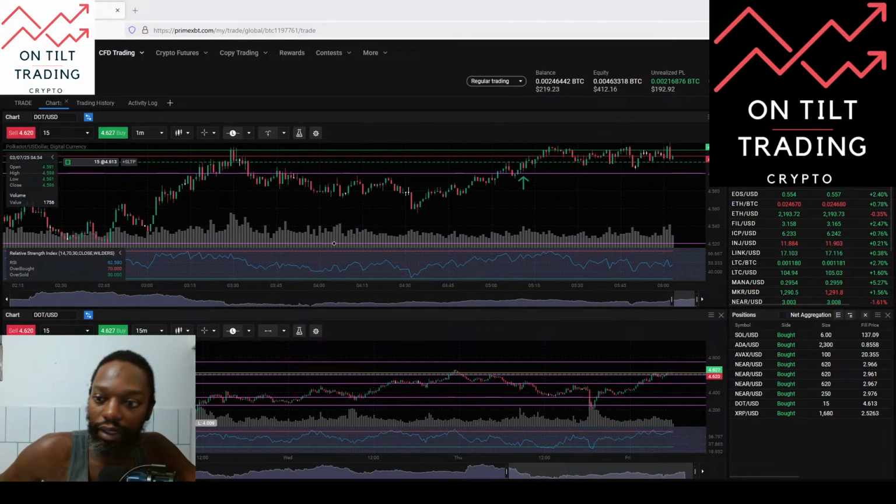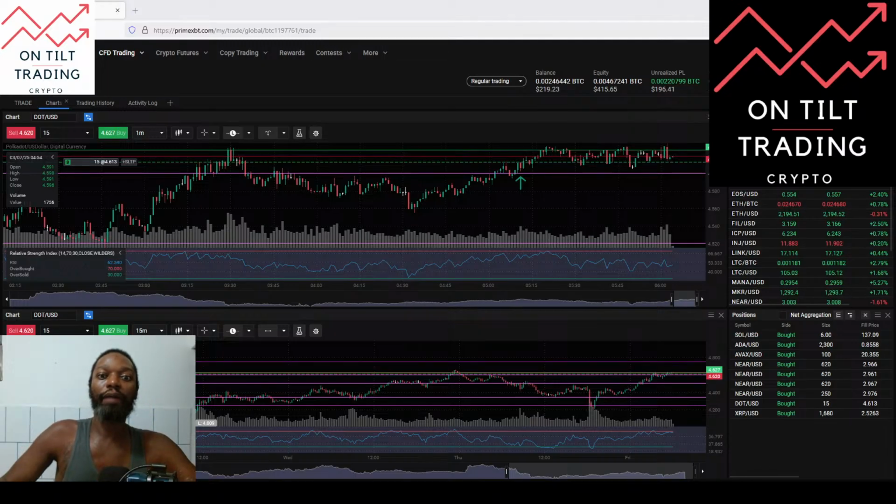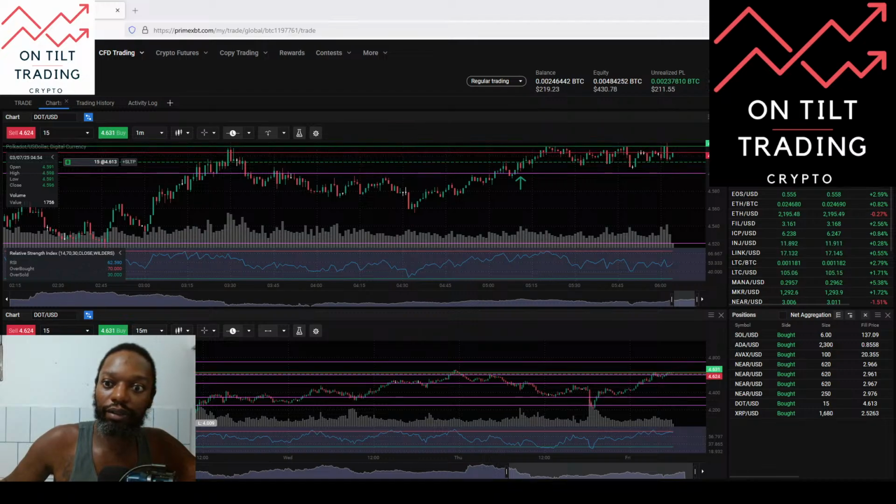So we have it breaking out above R4 over here. Sellers are able to bring the price back below R4. We can see here it wound up being a bit oversold, and buyers came in for support.